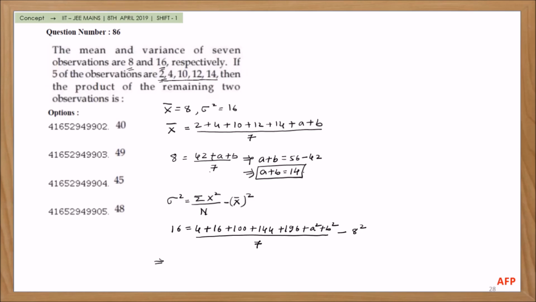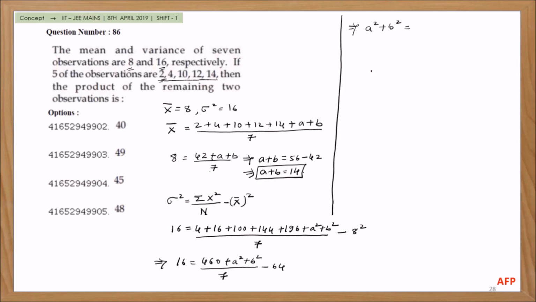Okay. So this implies 16 is equal to 460 plus A square plus B square divided by 7 minus 64. Now A square plus B square is equal to, plus 64.